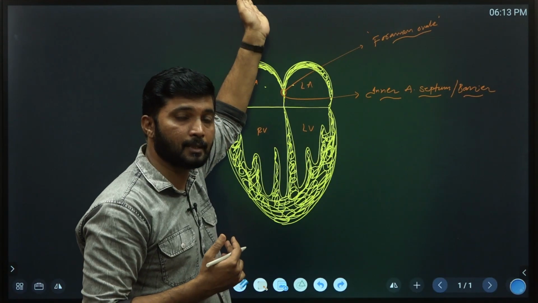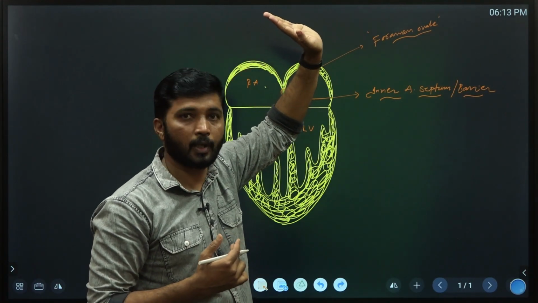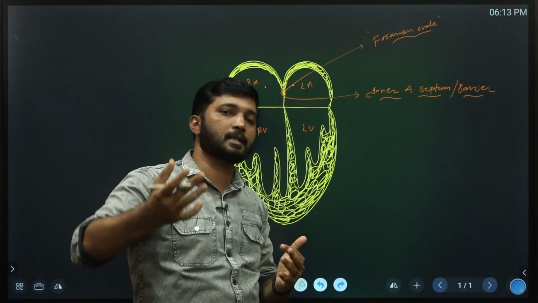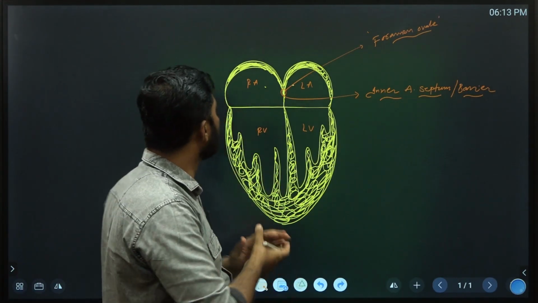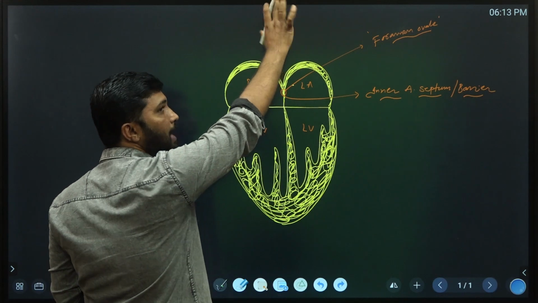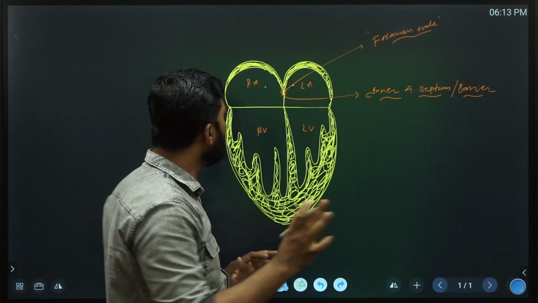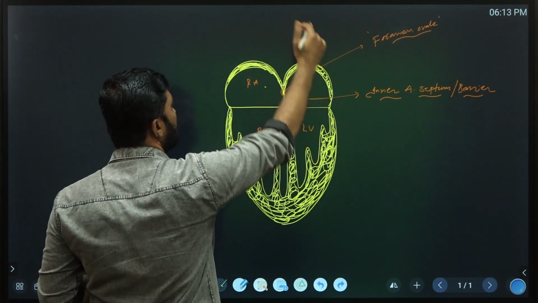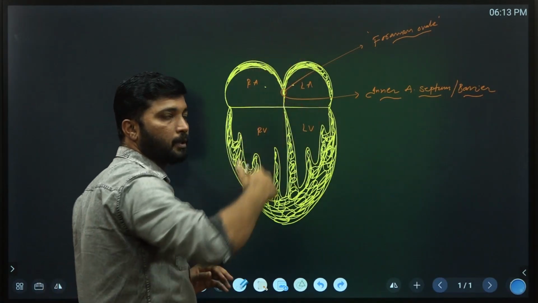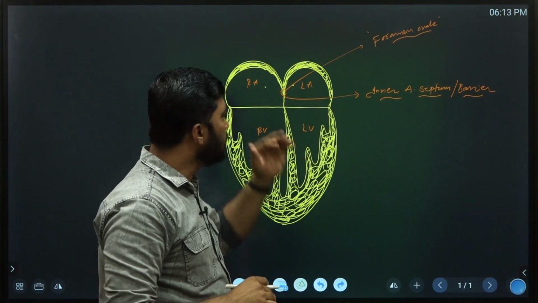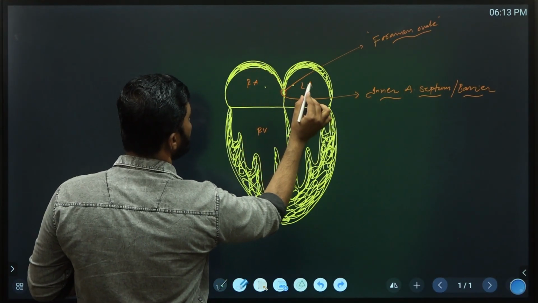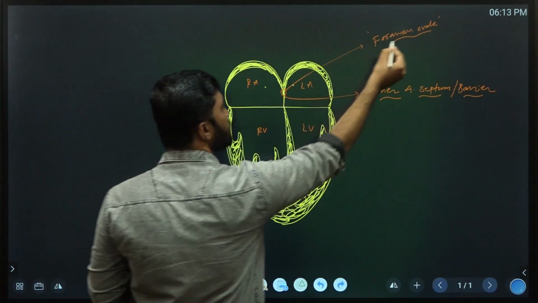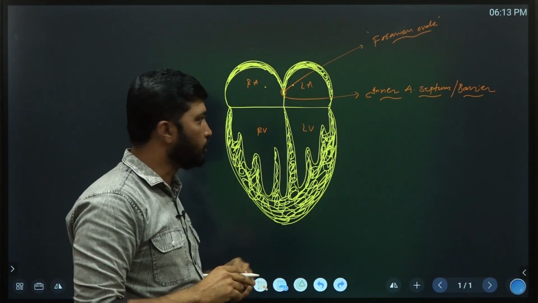In the fetal stage the lungs are non-functional, so no exchange of gases takes place in the lungs. That's why it does not receive oxygenated blood from the lungs. Instead, the right atrial blood enters the left atrium through this opening, the foramen ovale.